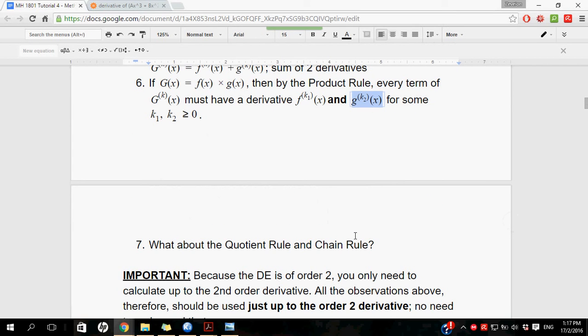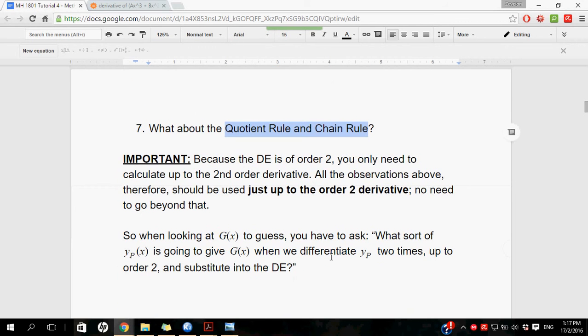Of course, you can also think about what happens in the case of the quotient rule and the chain rule. In this tutorial, we won't need to deal with these two situations. But an important thing to note is that our differential equation is of order 2.